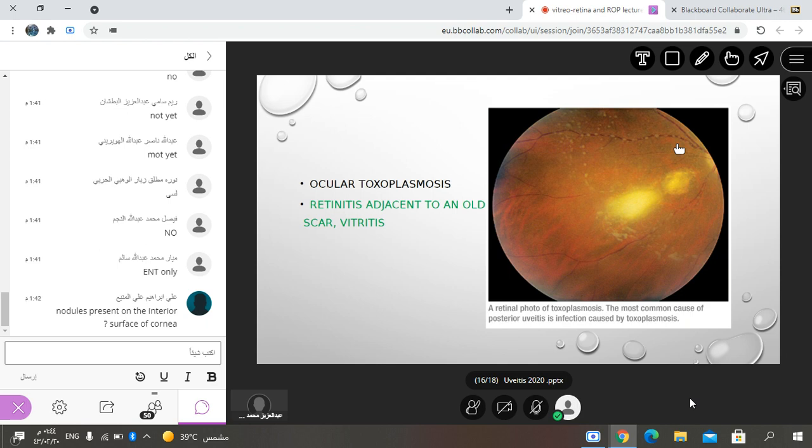These are like the KPs, but present in the vitreous. So, retinitis adjacent to an old scar and vitritis. This is ocular toxoplasmosis, and you treat it as you treat toxoplasmosis. We give a combination of clindamycin and cotrimoxazole, followed by steroid for 3 to 5 days to reduce the scarring and the inflammatory response.